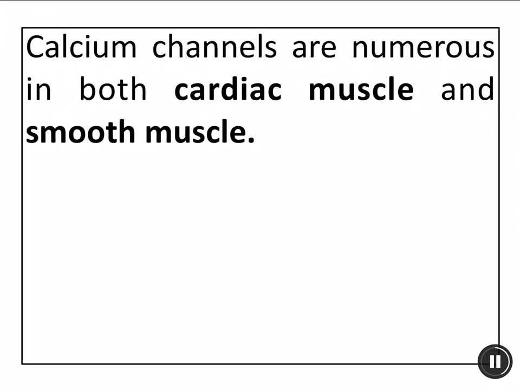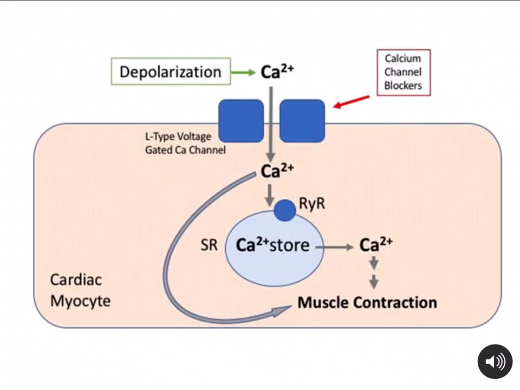in the action potential. The calcium channel is very important in cardiac muscle and smooth muscle. In this figure, we show the depolarization by calcium, which gives muscle contraction in cardiac muscle and smooth muscles in the body.